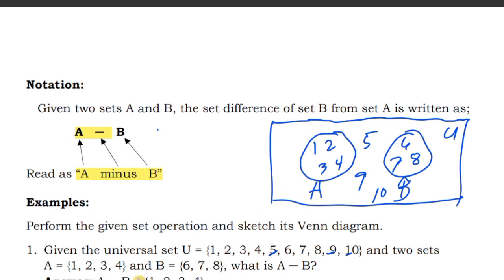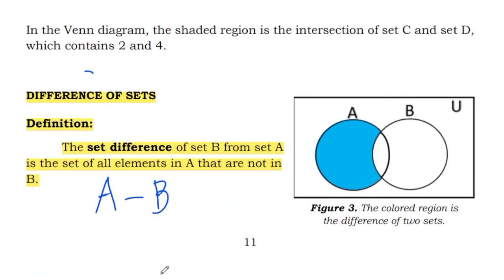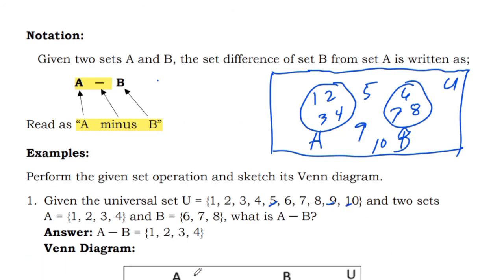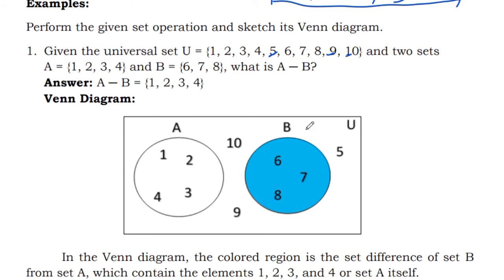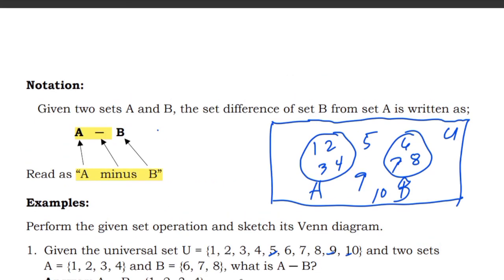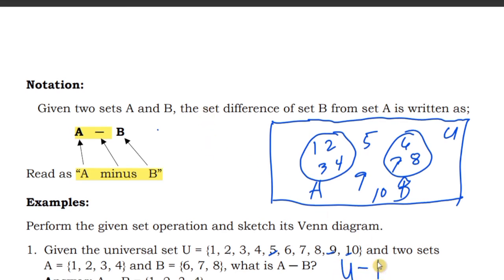Okay, A minus B. When we talk about the difference of two given sets, it is all elements in A that are not in B. Therefore, in this case, we have 1, 2, 3, 4. How about when we have U minus B, what are the elements?